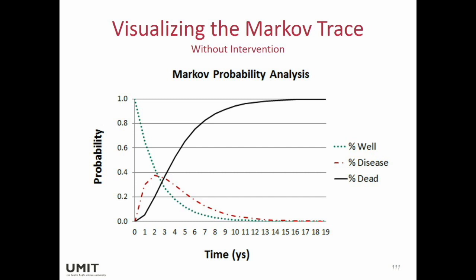So you see that the people that are well, the green line, decreases over time. Then you see an increase of people that are diseased, and then it goes down, and the proportion of people that are dead increases and then ends up at 1, because at the end of our simulation all the people unfortunately will be dead.